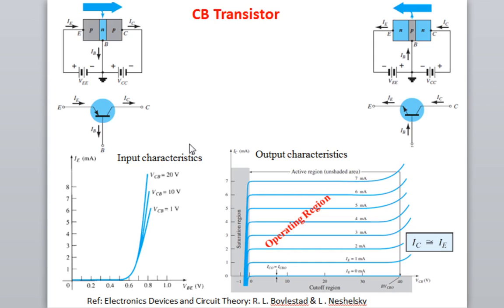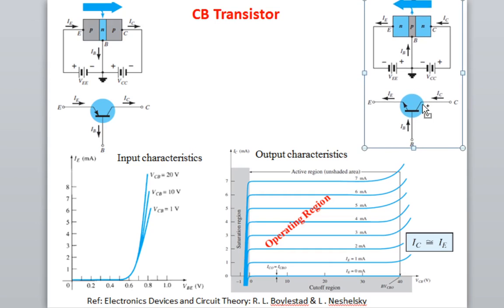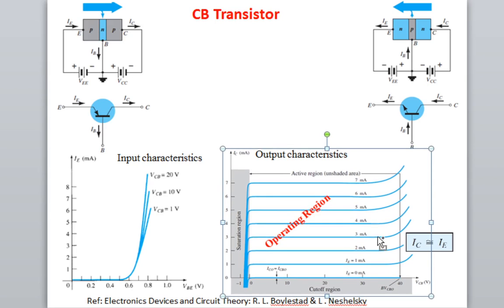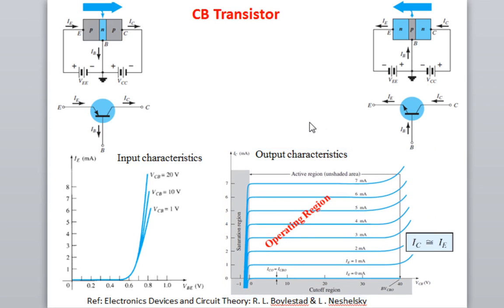And how can one identify whether it is a PNP or NPN transistor? We can identify that just by knowing the direction of the arrow. If you see here, the arrow direction is toward inside the circle. Here the arrow direction is pointing outside.